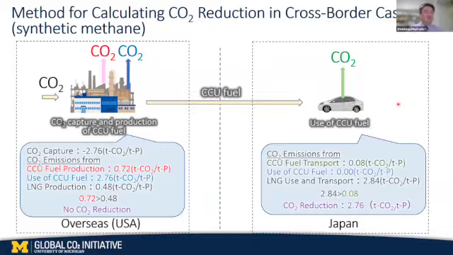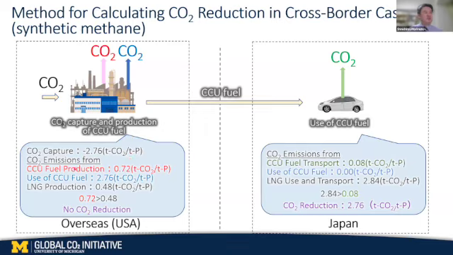Suppose, just as an example, that Japan can only account CO2 for the green, which is the CO2 emission from fuel transport domestically. Then from the US, CO2 capture amount is minus 2.76 tons of CO2 per ton of product.